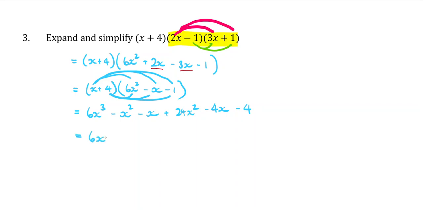So 6x cubed is the highest power. Then we have minus x squared plus 24x squared, which will make a positive 23x squared. Then we have a negative x minus 4x, which is negative 5x, and then the minus 4 on the end.